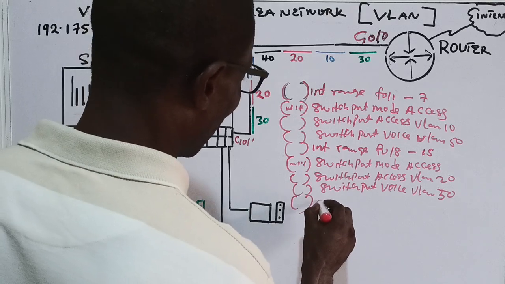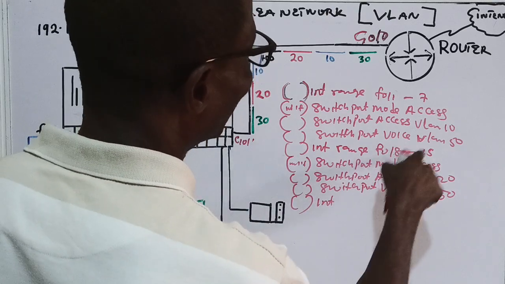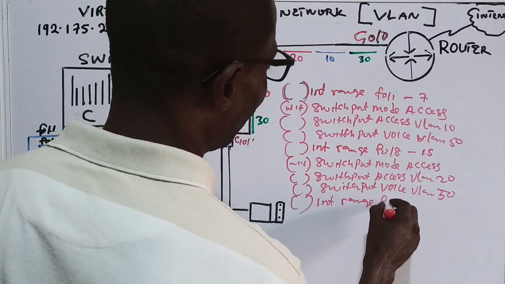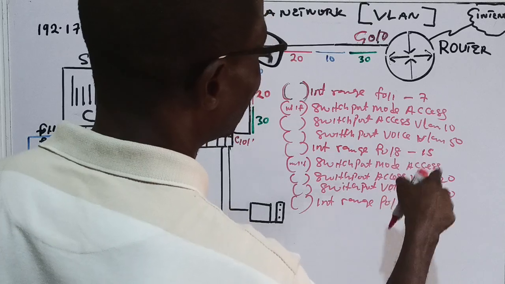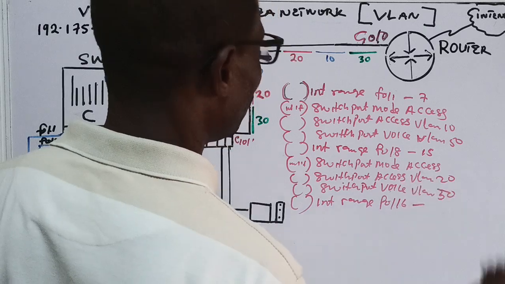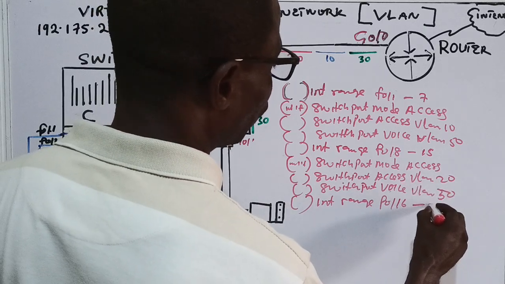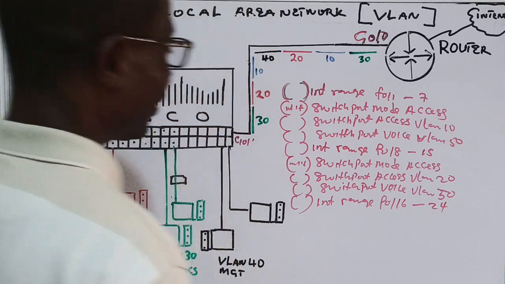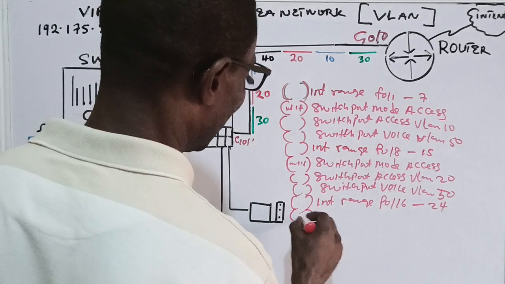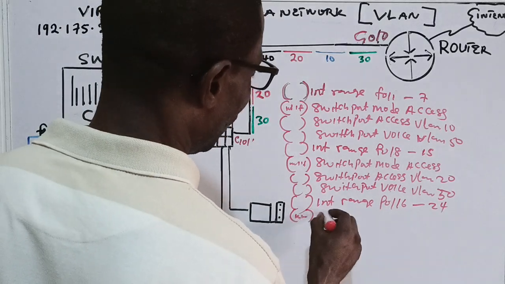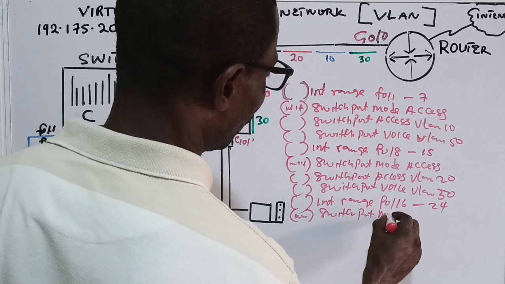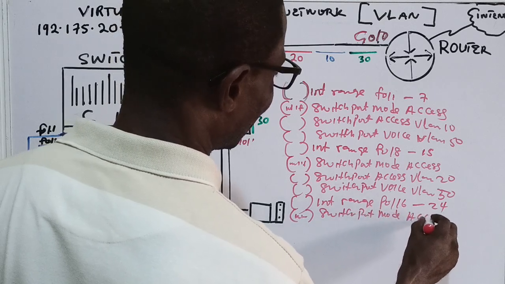You come back to global configuration mode. Remember VLAN 30. Interface range, where did we stop? Fa0/15, Fa0/16, range to Fa0/24. For instance, it could be more than that. You hit enter. You're now in interface configuration mode: switchport mode access.